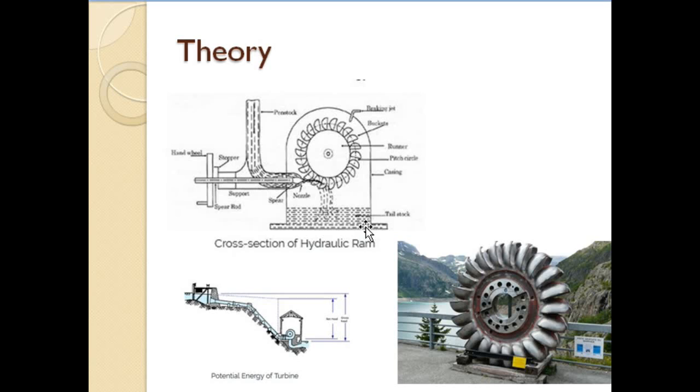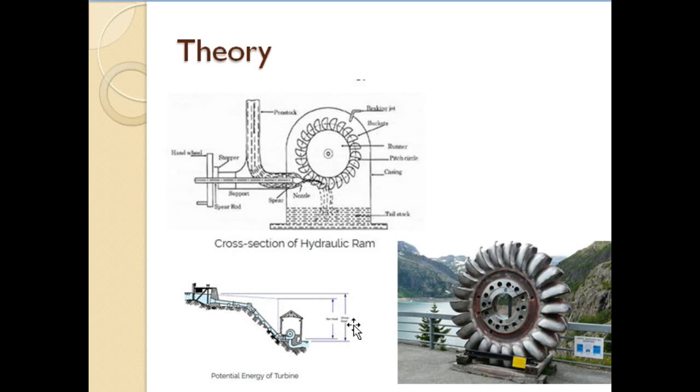This is a completely impulse turbine, and there is no reaction happening over the Pelton wheel turbine. It means the pressure energy is not extracted by the blades, only velocity energy or kinetic energy is extracted. Here we can see the gross head, that is, from the water level to the tail race level, the total head which is available.